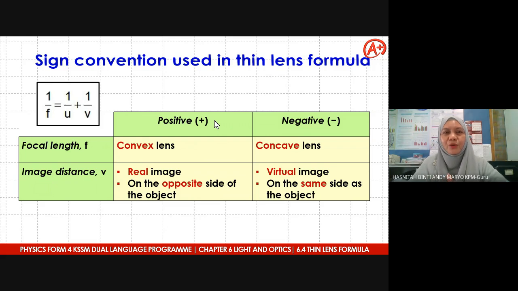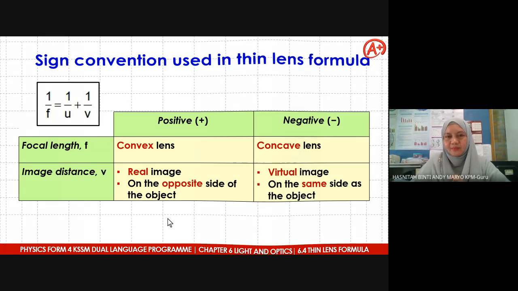So when you use this equation, if the situation involves a convex lens, F will be positive. If you are using a concave lens, the value for F must have a negative sign. Later we will see example questions so you will understand more clearly.